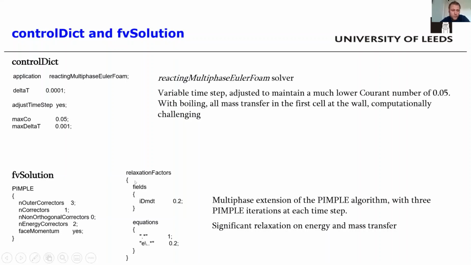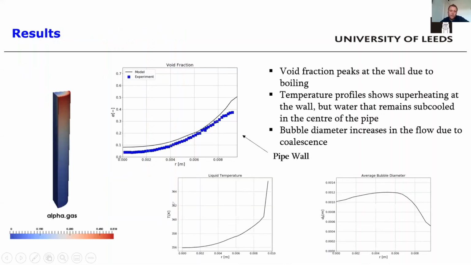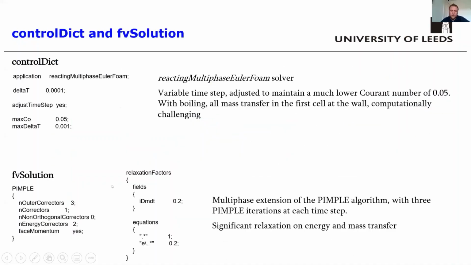Again, the PIMPLE loop is used with 3 correctors, with 3 cycles. And you see that the relaxation factors also are quite low, in particular for the mass transfer, which is this one, and also the energy. And those are almost always needed when you're doing a boiling flow.